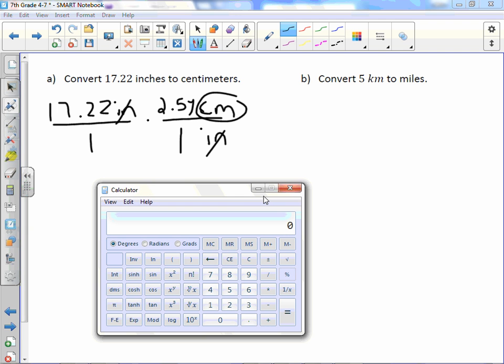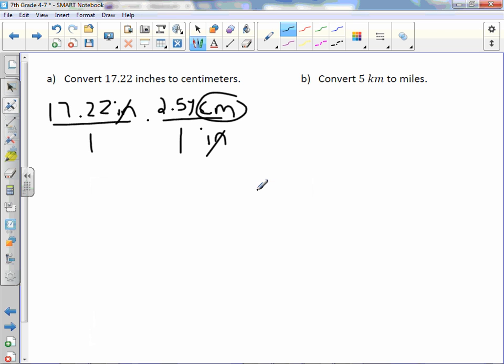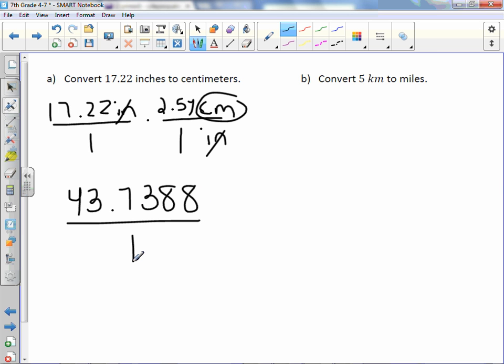And then what we do is we take 17.22 and we multiply that by 2.54. And we get 43.7388 over 1 times 1 in the denominator is 1, which is simply just 43.7388 centimeters.